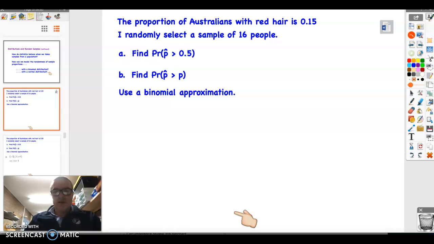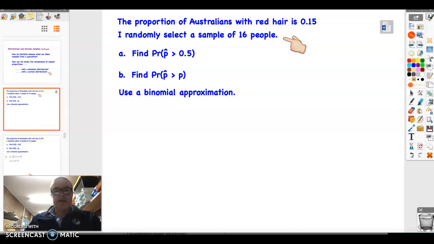to it. So in this question we're talking about a proportion of Australians with red hair, which is 15%. We would call that the population proportion or the population parameter. And we're going to take a sample of 16 people.